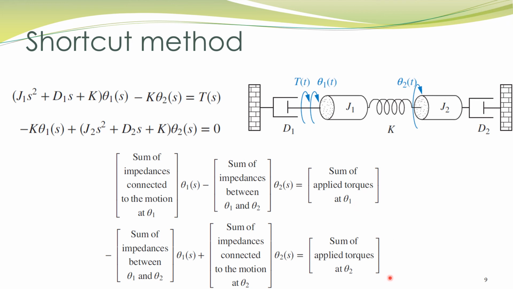Similarly for the second equation. Remember that these shortcuts are valid only if the directions of angular displacements and torques are taken as shown in this figure. If that is not the case, we have to modify this shortcut. We have to somehow change the signs associated with these angular displacements.